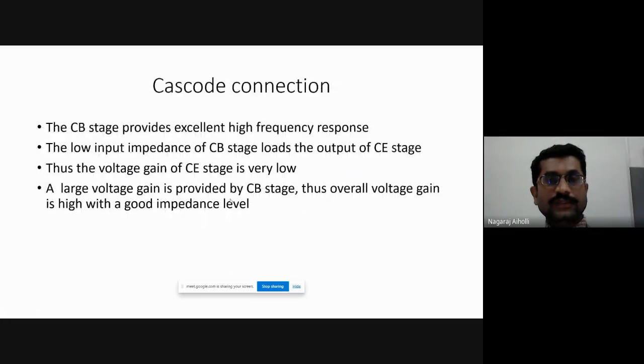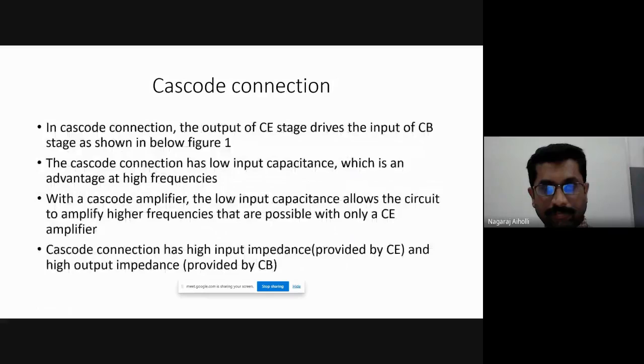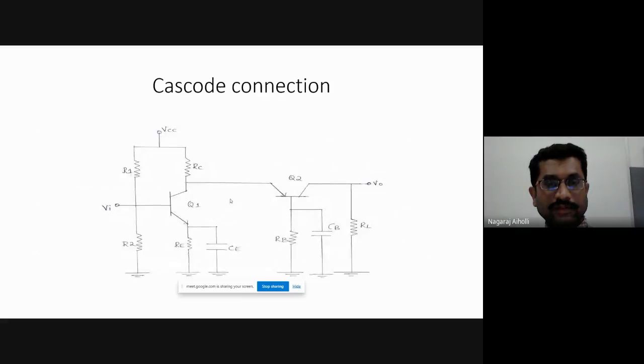Is this understood, students? Cascode connection is clear. Any doubts in this cascode connection? Is it understood? Cascode amplifier. Ankita, is it understood?